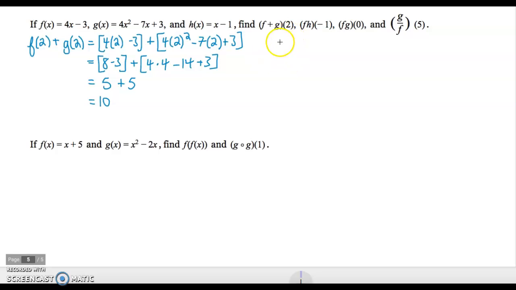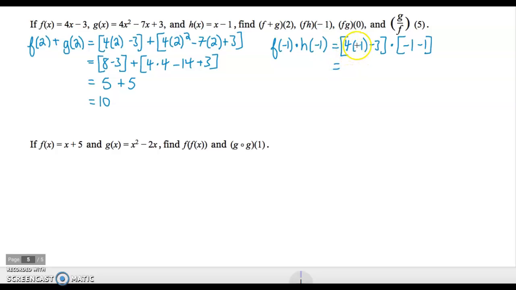Okay. If I'm going to do f times h of -1, that means I'm going to do f of -1 times h of -1. So I'm going to find those individually first. So f of -1 would be 4 times -1 minus 3. I'm going to multiply that by h of -1, which would just be -1 minus 1.